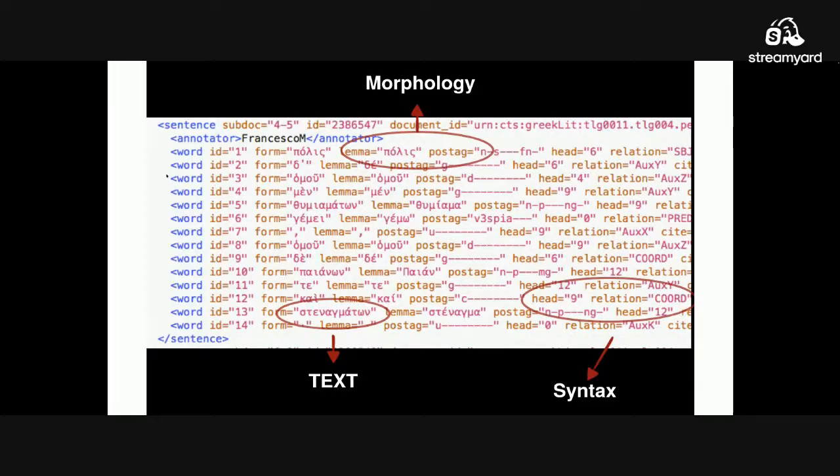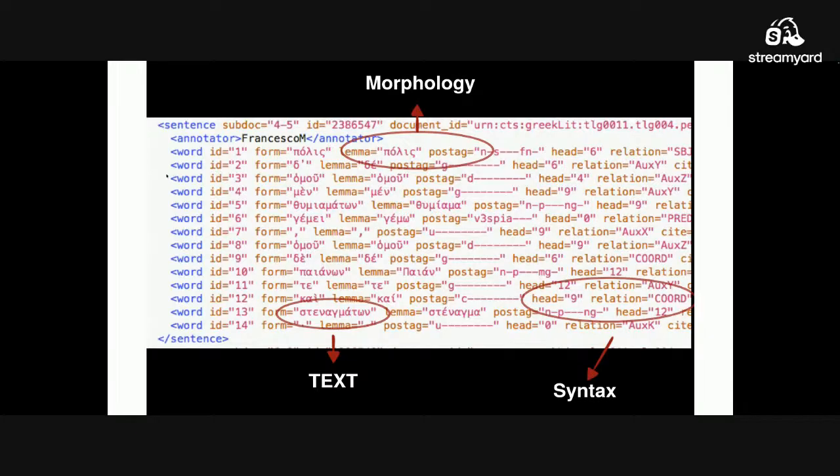For every token, you have a lot of information, like the lemma and morphological annotation. For example, the word with ID number 1, you can see that the form polis is annotated with the lemma polis. It's nominative, and it's also analyzed as n-s-f-n, meaning a noun, singular, feminine, nominative. But you also see that there is some information about the syntax, the head and relation.